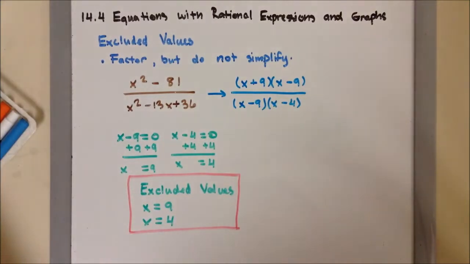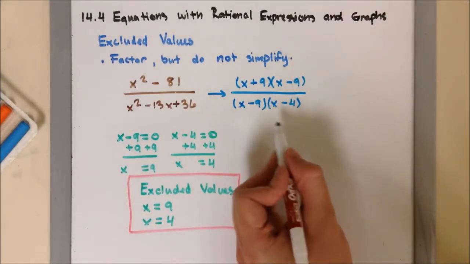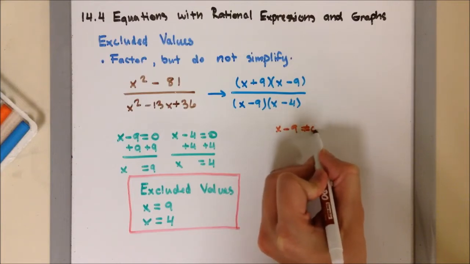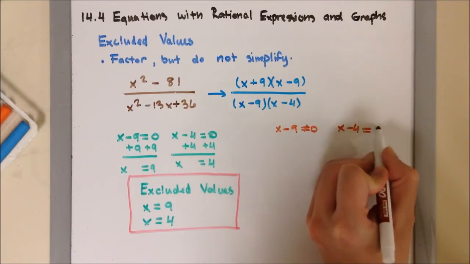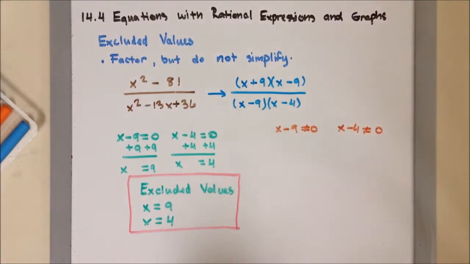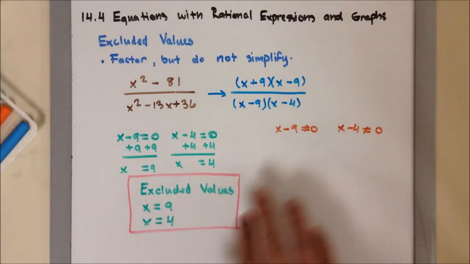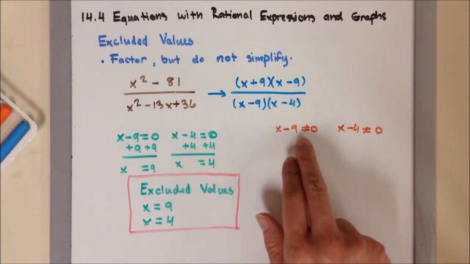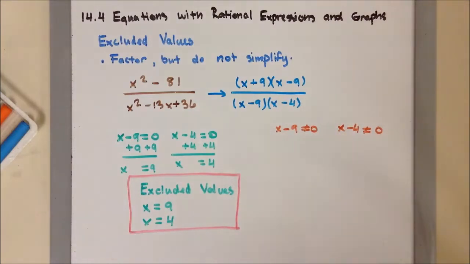So numbers that are not in the domain basically means that I'm going to write my factors from the denominator: x minus 9 not equal to 0 and x minus 4 not equal to 0. If I'm not going to state that these are my excluded values, then you just simply write your factors from the denominator, x minus 9 not equal to 0, x minus 4 not equal to 0.